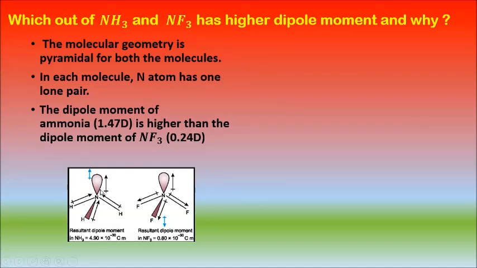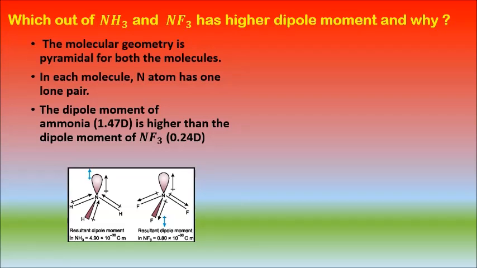And there is the electron pair on the nitrogen. So it's also showing upward direction. That means both are in the same direction, as we can understand in the case of ammonia. Whereas in NF3, the nitrogen is there and the 3 fluorine atoms are there along with a lone pair of electrons.